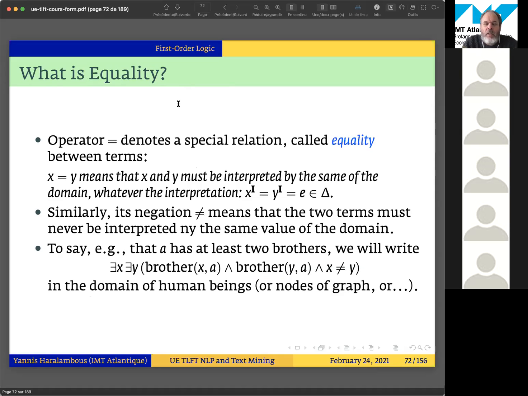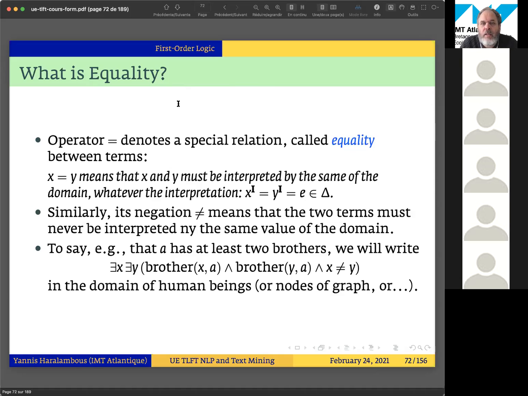This is a very interesting slide because I'm explaining what equality is. You have learned equality, if not in kindergarten, at least in primary school. And now, after so many years, I'm here to tell you what it means. So equality in first order logic is a kind of predicate with a very specific meaning.